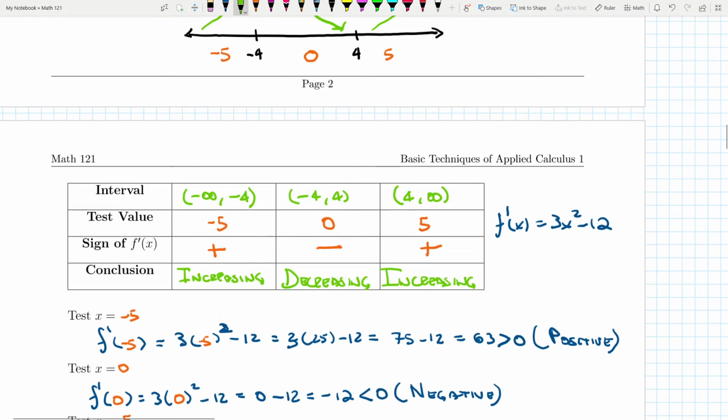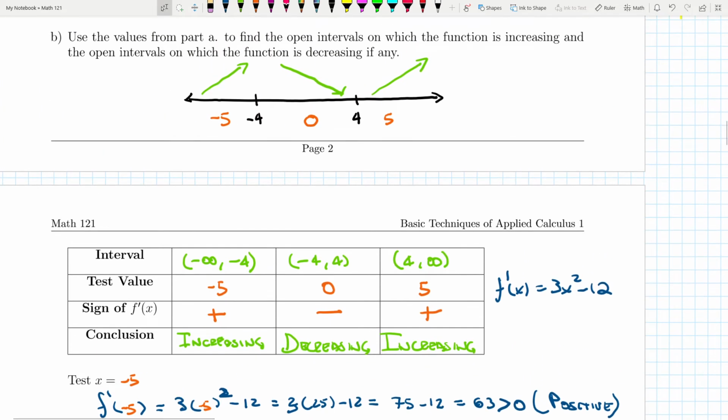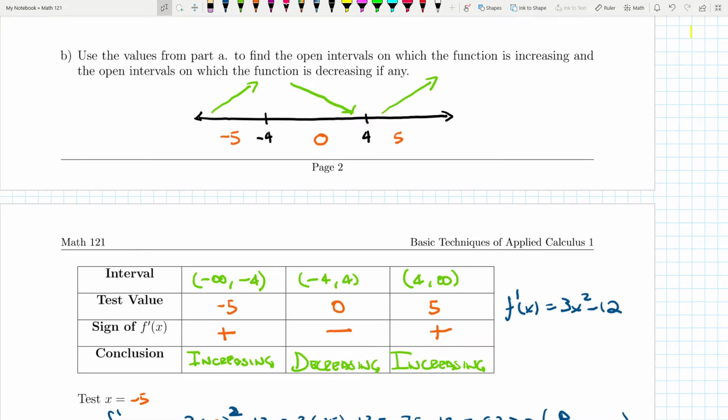Okay, so let's go back to this picture that we did before. I'm just going to use a dashed curve right here to show the behavior. Notice, now we're going to use this information to determine whether we have a maximum or a minimum or maybe nothing. In this case, since we go from increasing to decreasing, we are essentially reaching a maximum point.